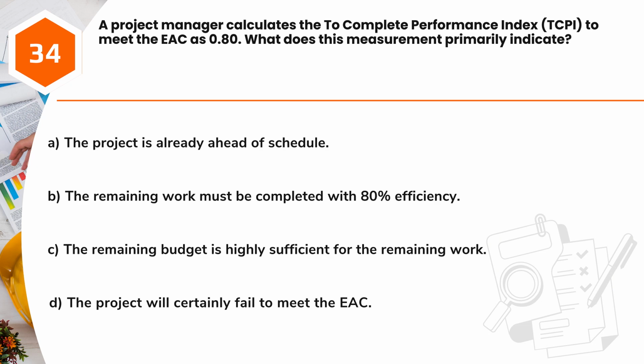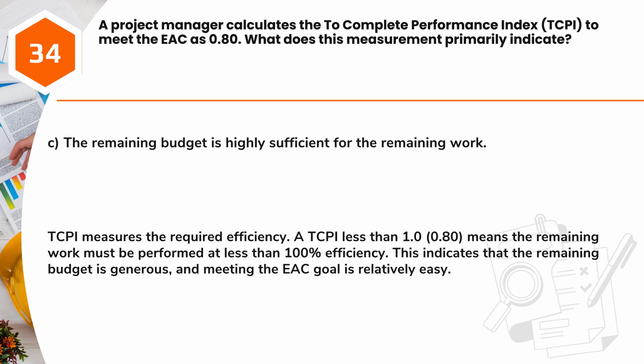D. The project will certainly fail to meet the EAC. Answer C. The remaining budget is highly sufficient for the remaining work. TCPI measures the required efficiency. A TCPI less than 1.0, 0.80, means the remaining work must be performed at less than 100% efficiency. This indicates that the remaining budget is generous, and meeting the EAC goal is relatively easy.